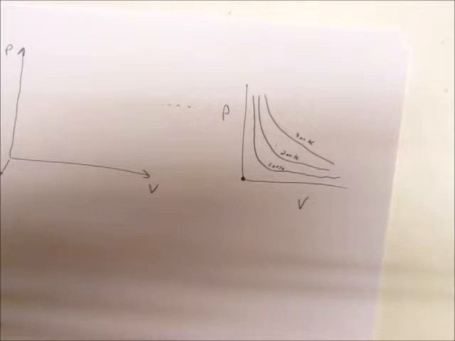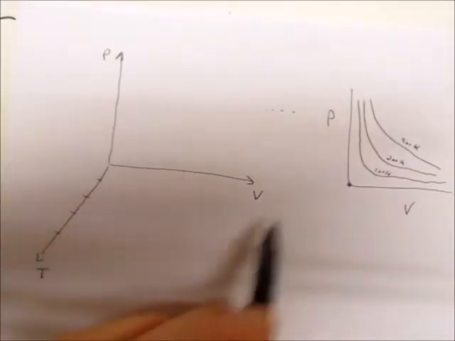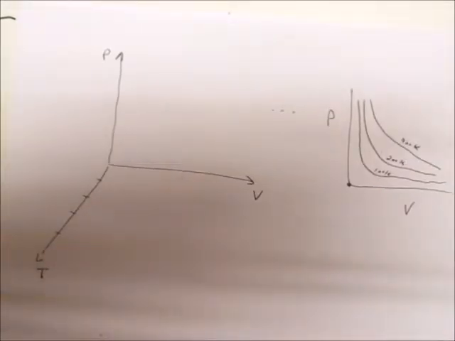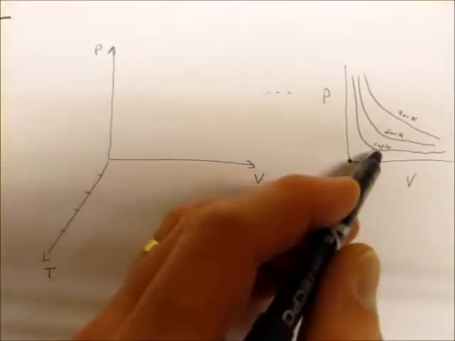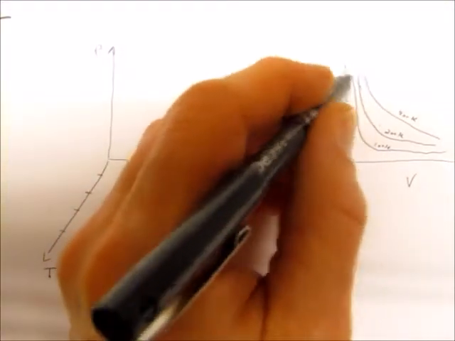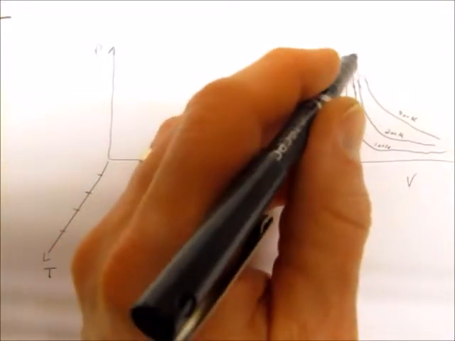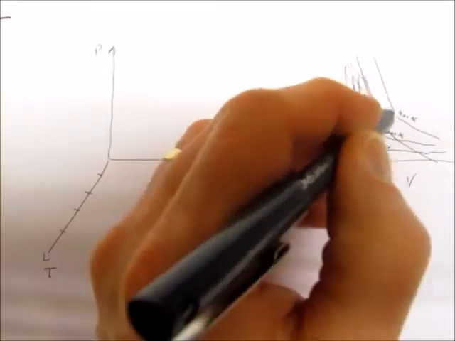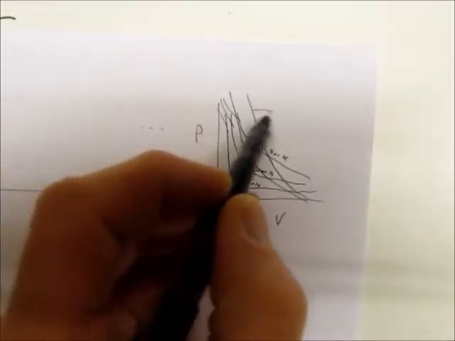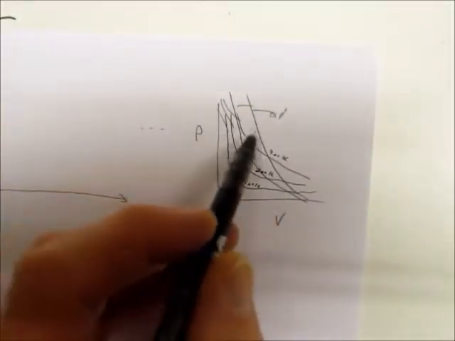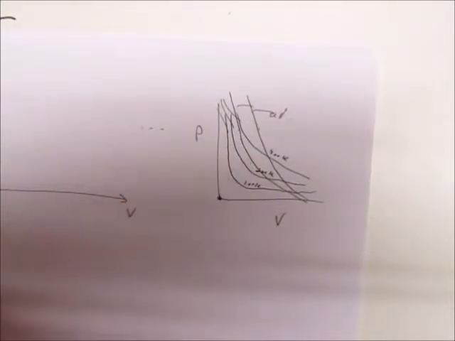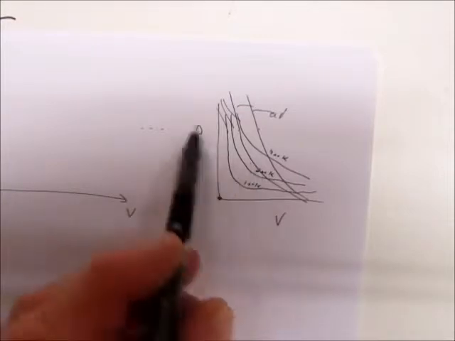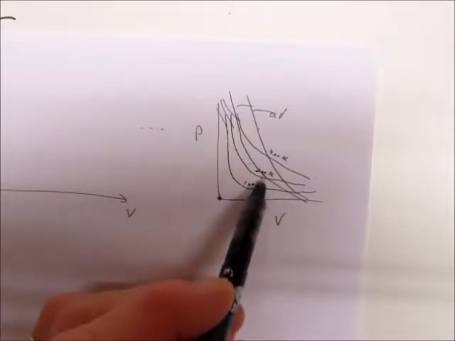Adiabats. In adiabatic processes, P, V, and T are changing all the time. Okay? So what you're going to see is, if you project an adiabat on here, they're steeper. So adiabats, the projection of an adiabatic path on this three-dimensional surface onto the PV, see how they look steeper?